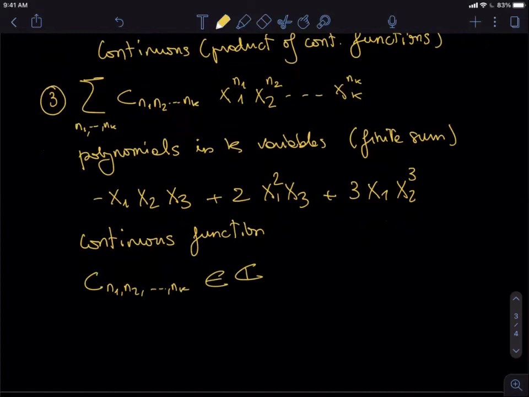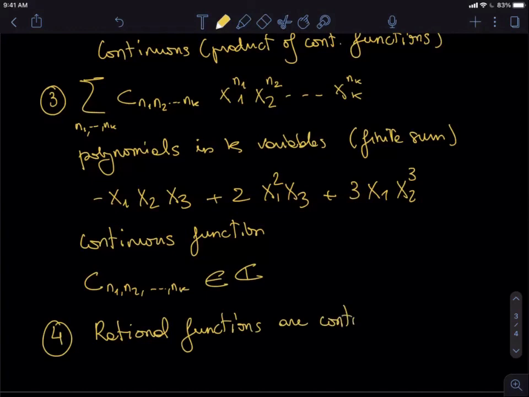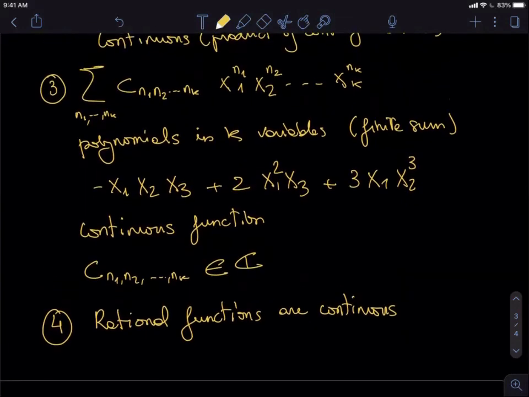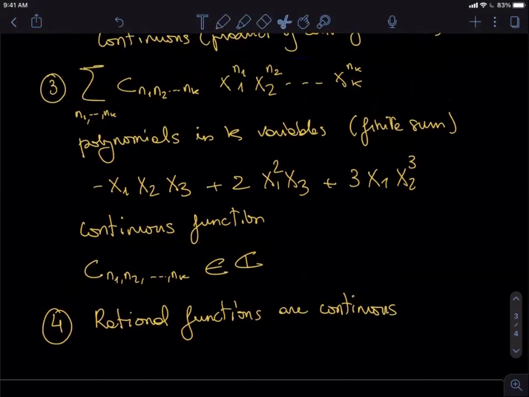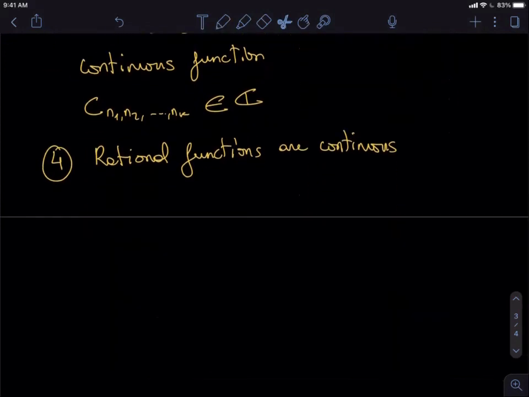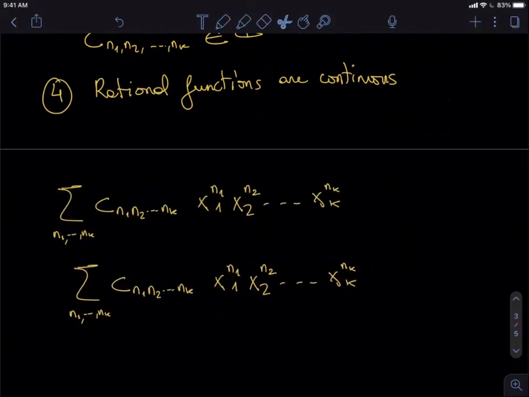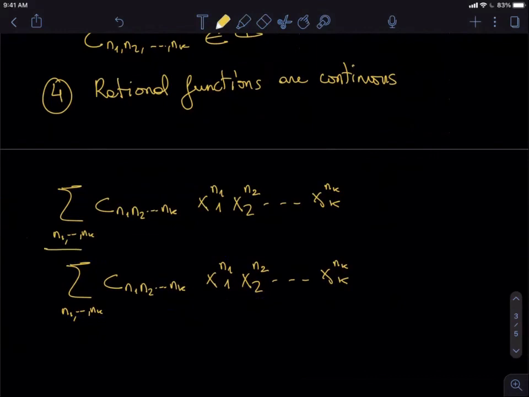And from here, we can go to rational functions. These are also continuous. Here, we could take one of these polynomials divided by another polynomial, and that's a rational function.